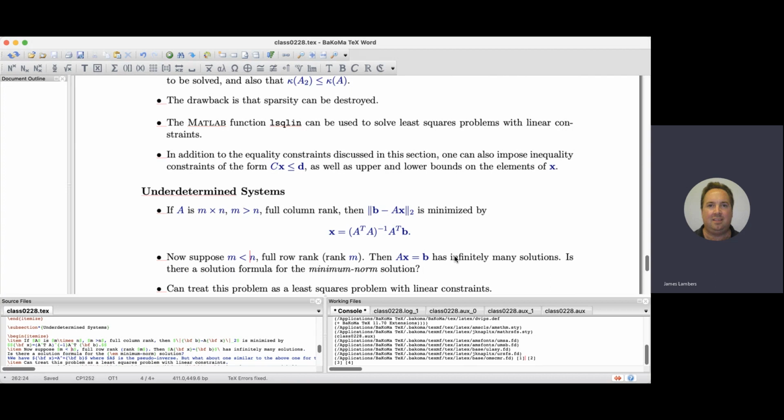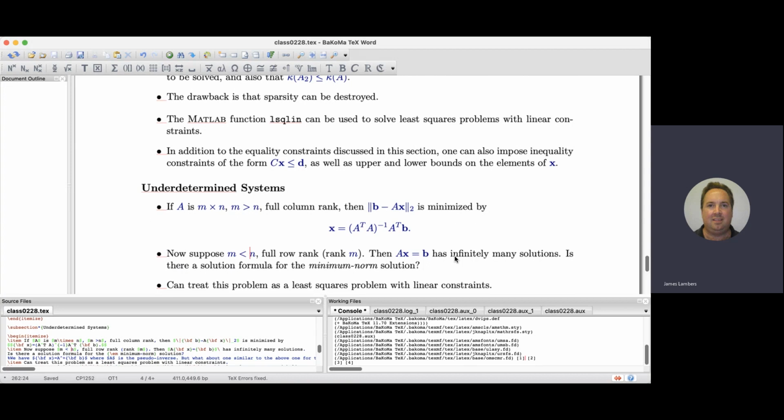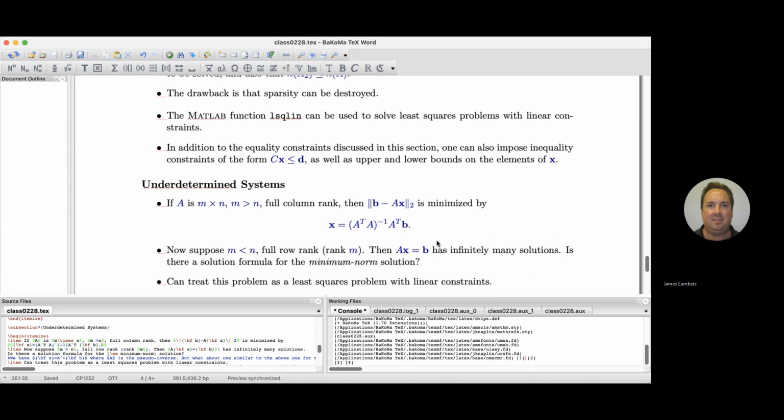As I mentioned before, because it's not unique, we can ensure uniqueness by imposing some additional condition on x, for example, requiring that it have minimum 2 norm. Now, we do know how to get the minimum norm solution from the last class using the pseudo-inverse, but I want to come up with a formula that's somewhat similar in appearance to this one.